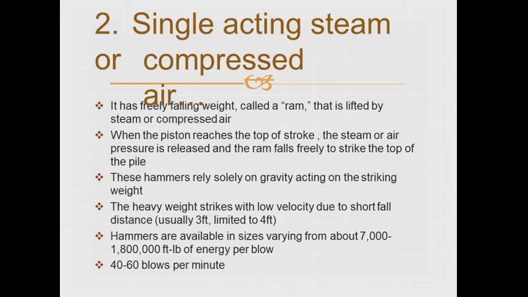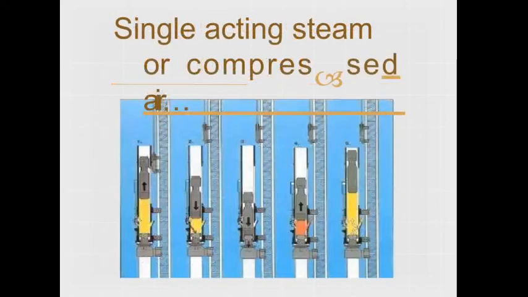The weight of the ram is generally in the range of 1.5 to 10 tons, making the overall weight of the hammer between 2 to 20 tons, and the number of blows per minute is generally around 60. These hammers can also be used underwater, where the hammers are lifted and dropped in an enclosed casing. So this is about the single acting hammer.